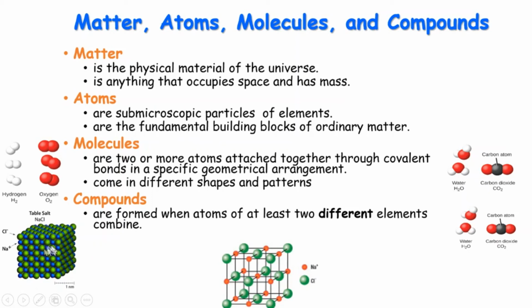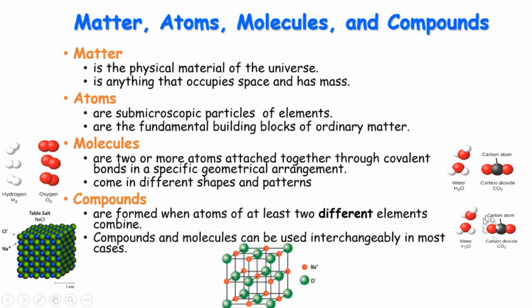Instead, you have those crystals. The mechanism here is the attraction between the cation and the anion, the two opposite charges. So that's a difference between compounds and molecules. Metal and nonmetal can only form compounds. When they come together, they can never form molecules because you can't find single molecules, as I just mentioned. And I already pointed out compounds and molecules can be used interchangeably in most cases.